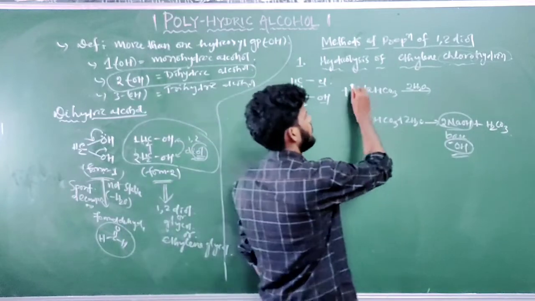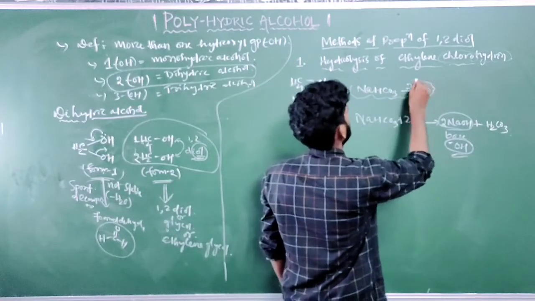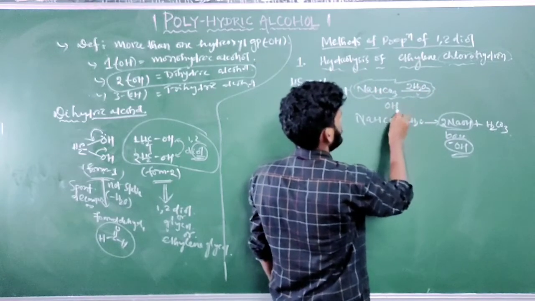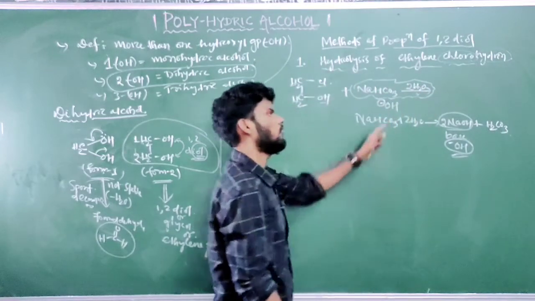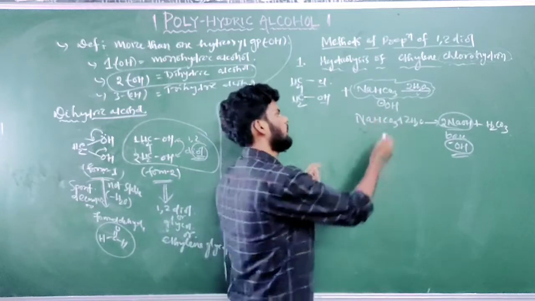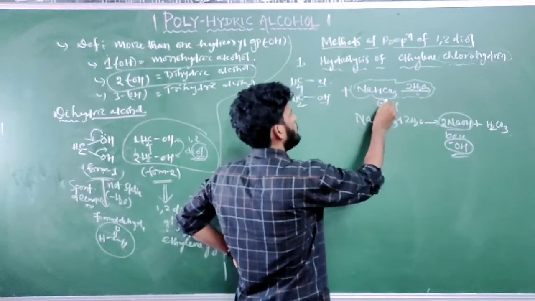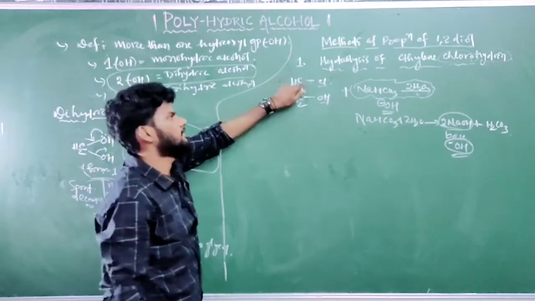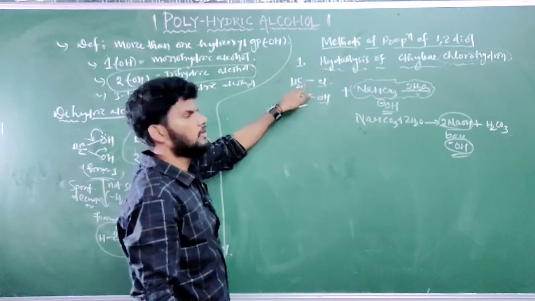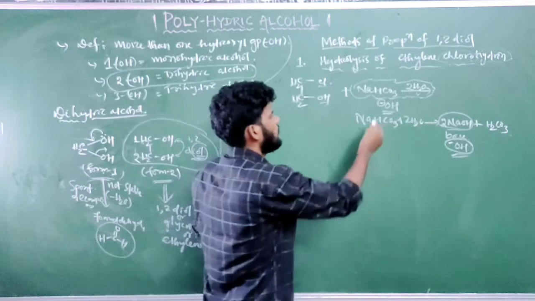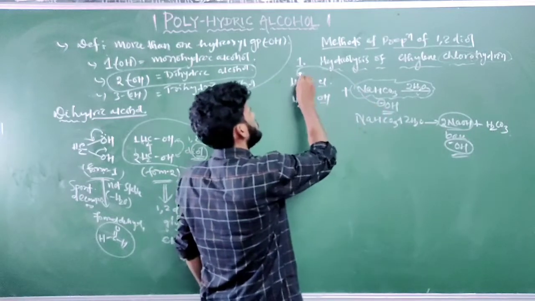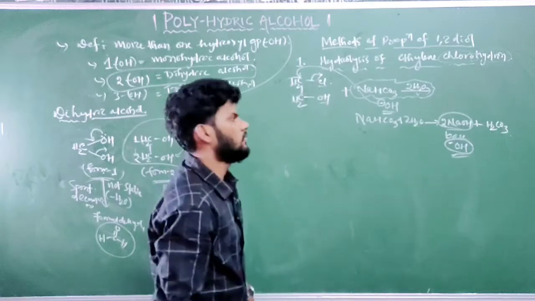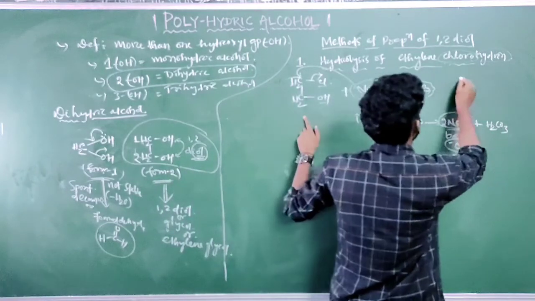So in total, besides sodium bicarbonate and 2 water, we can write OH minus, which behaves as a nucleophile. So what will OH minus do? It will attack this electrophilic center, as the leaving group chlorine is attached to it. The OH minus will attack this CH2 group, and the chlorine leaves as a leaving group. So what is the product?